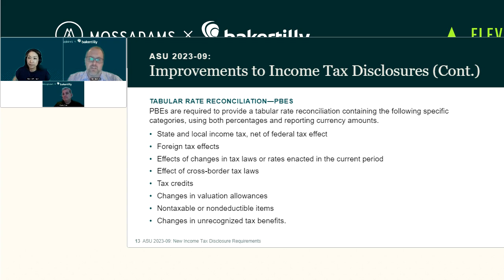To know what that threshold is for that disaggregation, you take 5% multiplied by the pre-tax income times the income tax rate applicable to the national rate that you're dealing with. So if you're dealing with a U.S. domestic company, you'd use the 21%. It's just the federal tax, not federal plus state or anything like that.